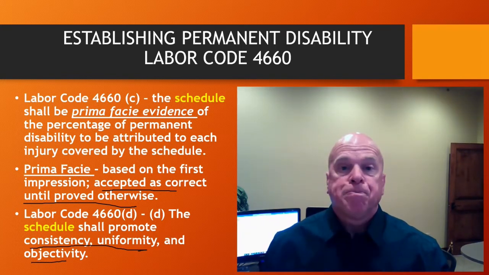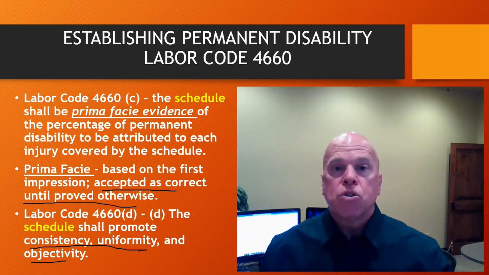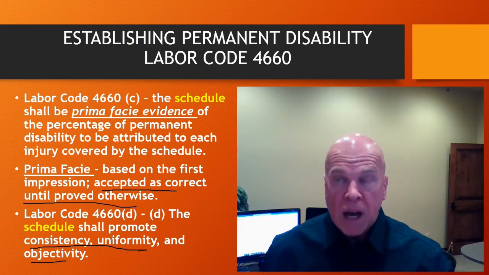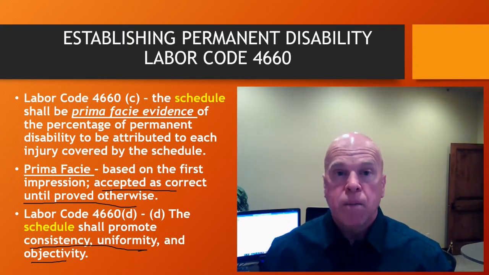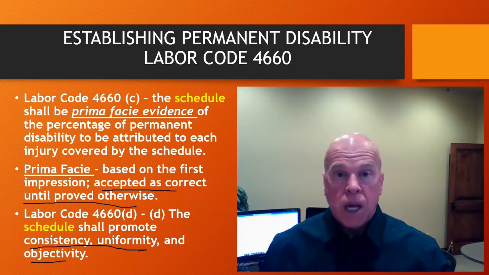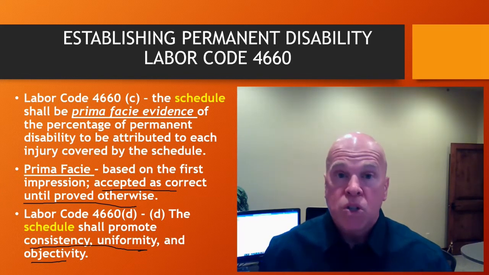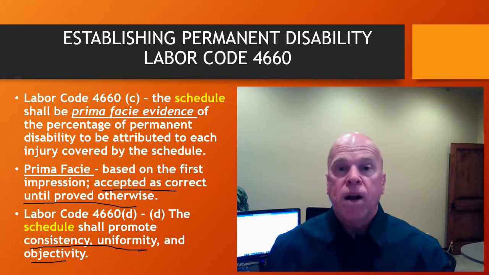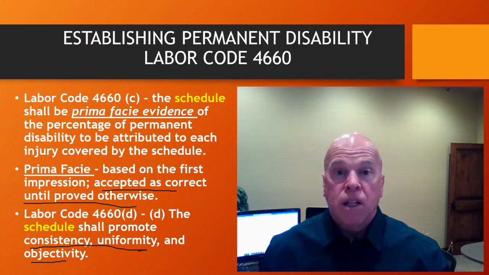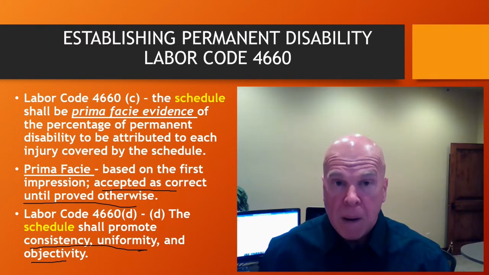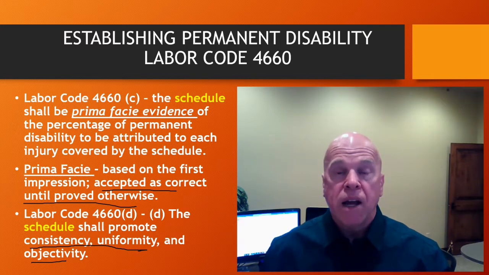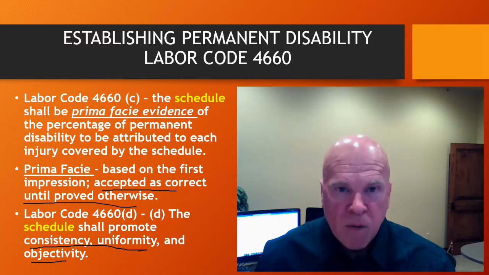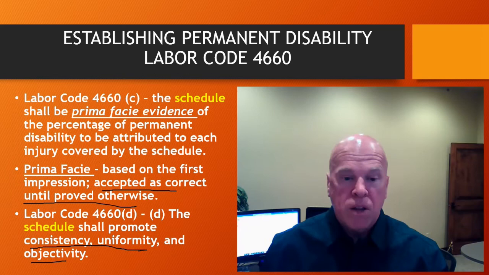So evaluators across all specialties and across all regions of the state of California who evaluate the same examinee with the same injury condition can provide roughly the same or similar permanent impairment rating for that condition, unless that permanent impairment rating and description is not accurate, in which case they can attempt to prove otherwise.